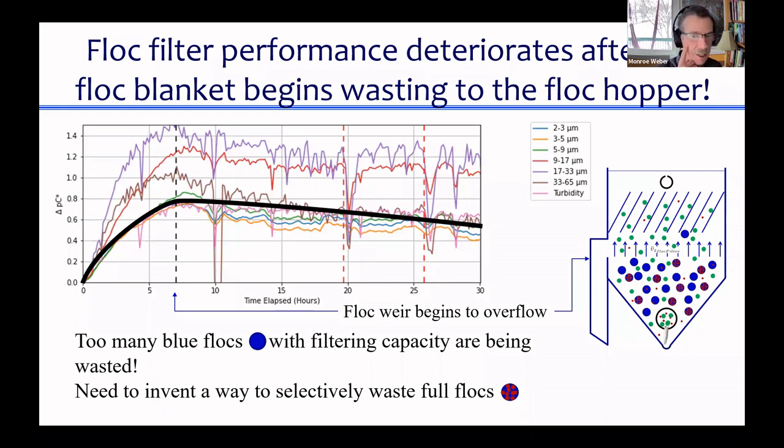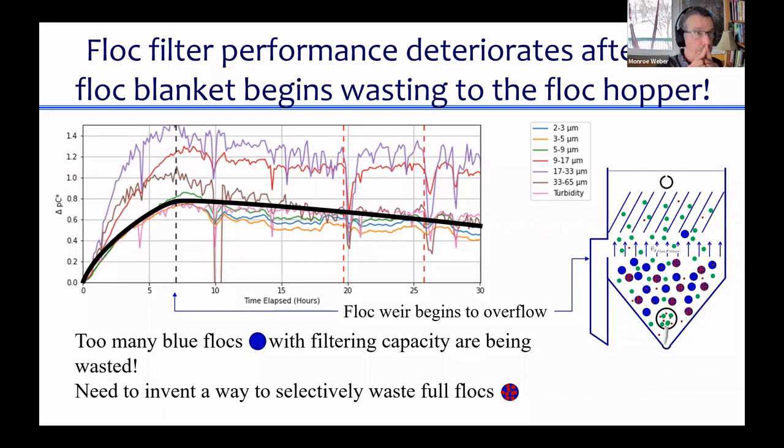And this made us think a lot about what could possibly be happening that makes it that when a flock filter reaches the flock hopper and starts dumping flocks, that it gets worse. And I showed you the hint of what it is.